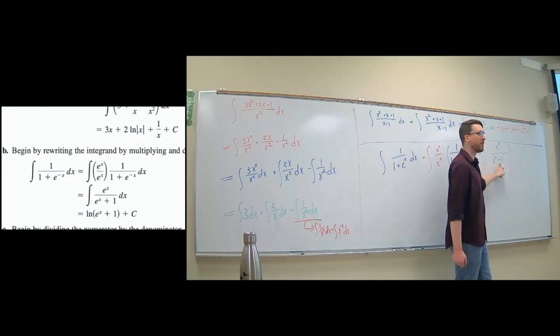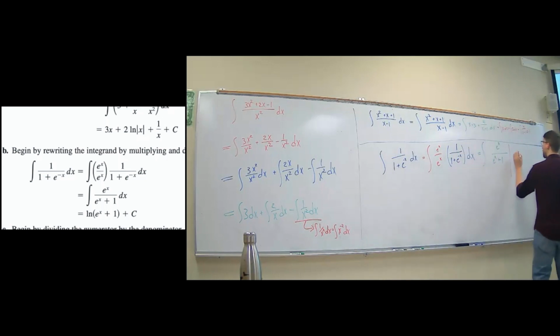Why don't we set this equal to u? u is equal to e to the x plus 1, du dx is equal to e to the x, and du is equal to e to the x dx.